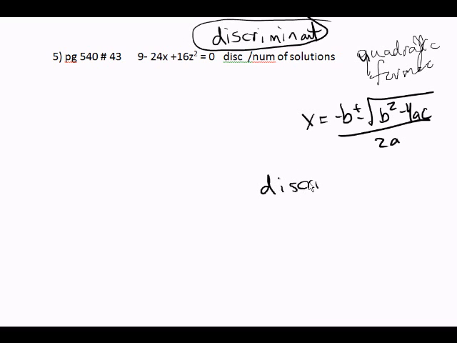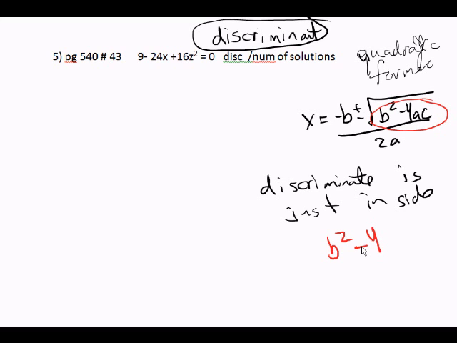So we're using this equation again. But the discriminant is just the inside. So the discriminant is just the inside part that we're talking about: b squared minus 4ac. This is the discriminant.